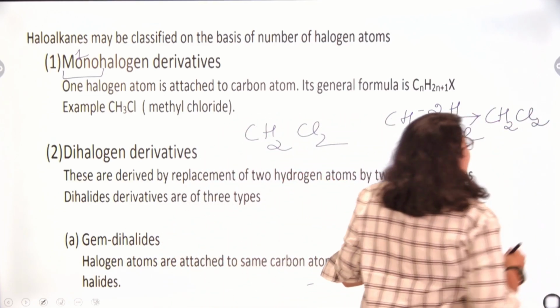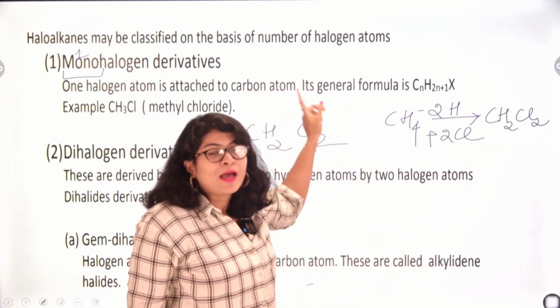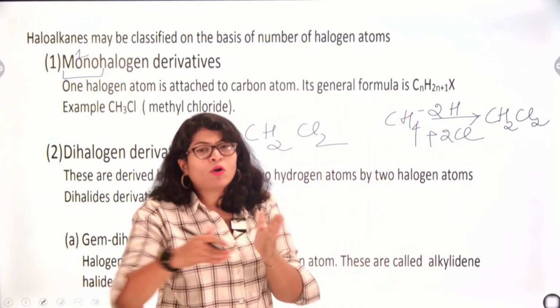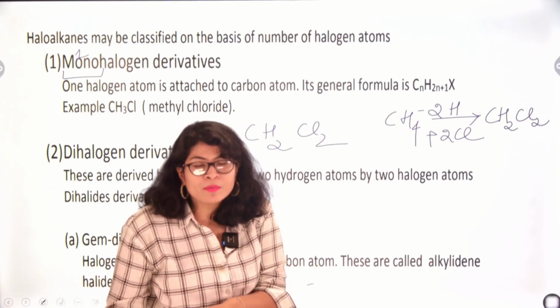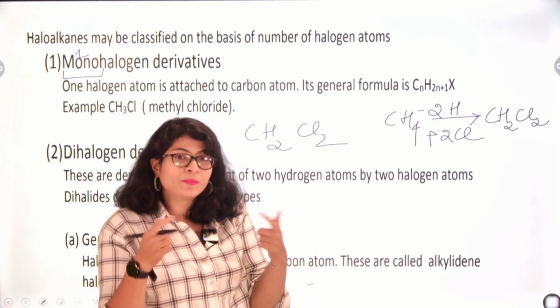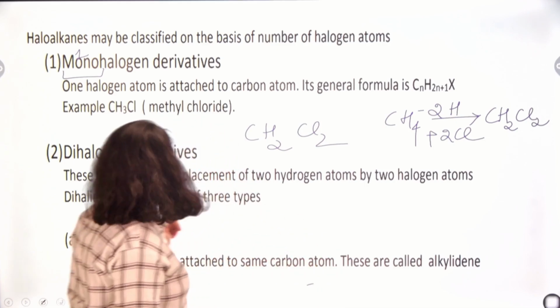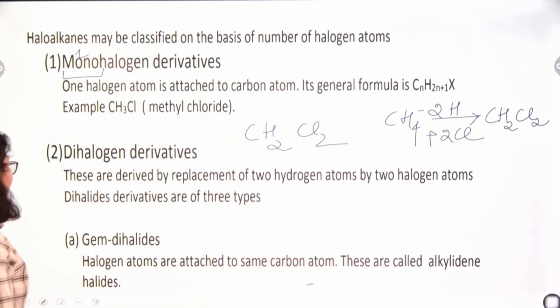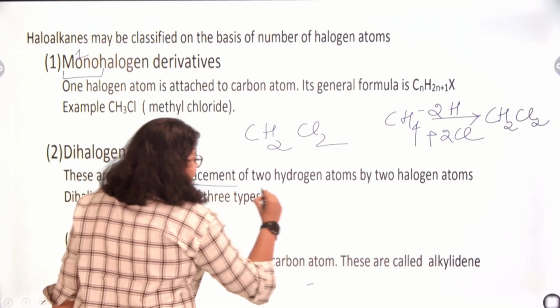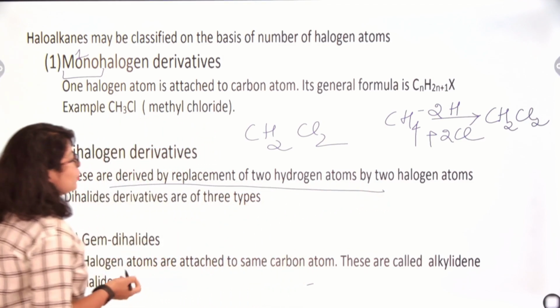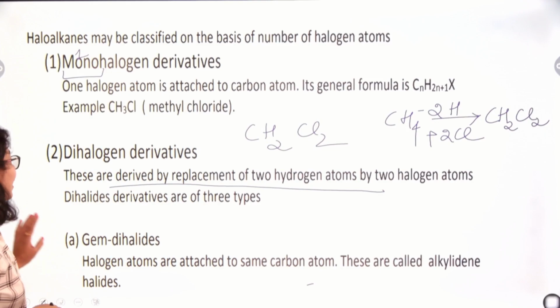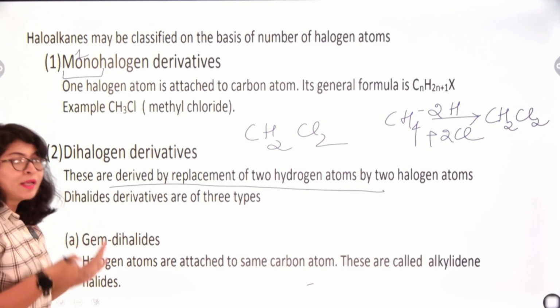This becomes my dihalogen derivative. Beyond that, if I break any number of carbon hydrogen bonds and replace them with halogen, I get my polyhalogen compound or derivative. These dihalogen derivatives, derived by the replacement of two hydrogen atoms by two halogen atoms, are again of the following types.